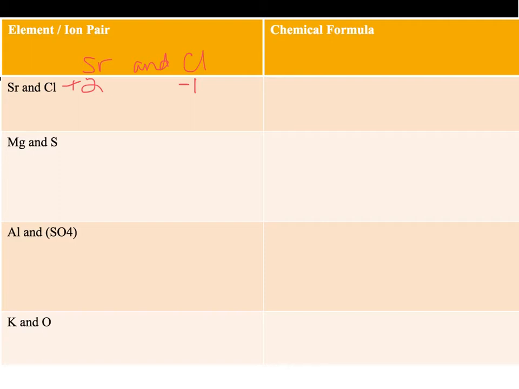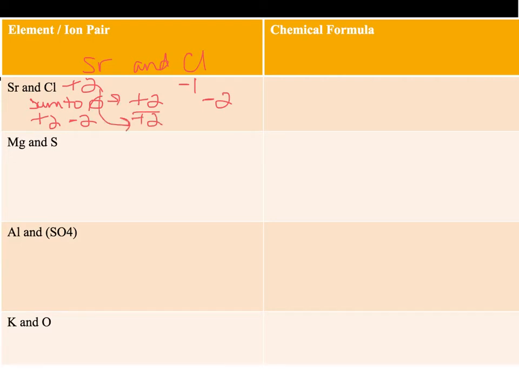Now, how do I get those to sum to 0? Well, I need a +2 from the strontium and a -2 from the chlorine. So those are what I need, and I've written those down right here. Okay, divide each of them by the ionic charge.